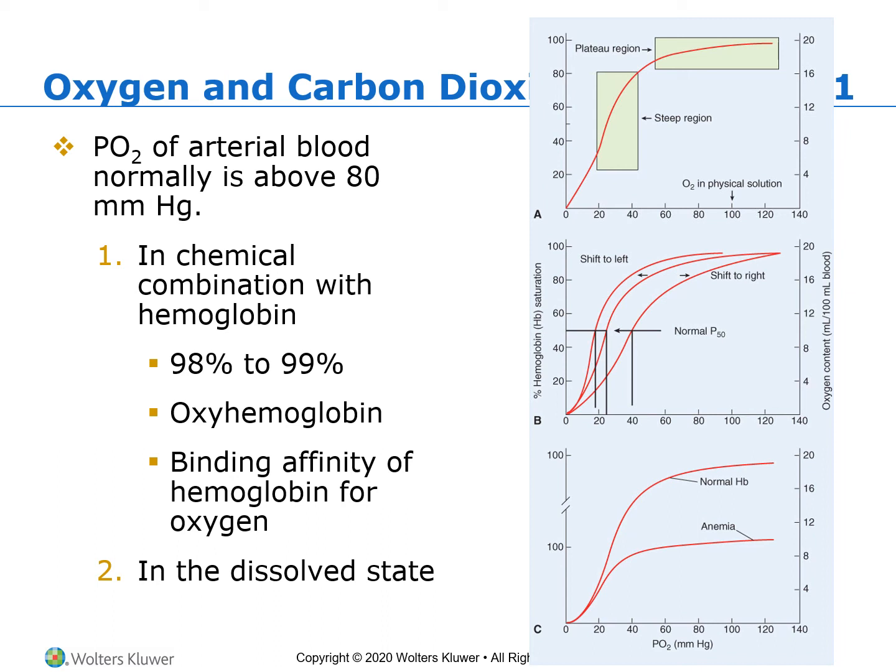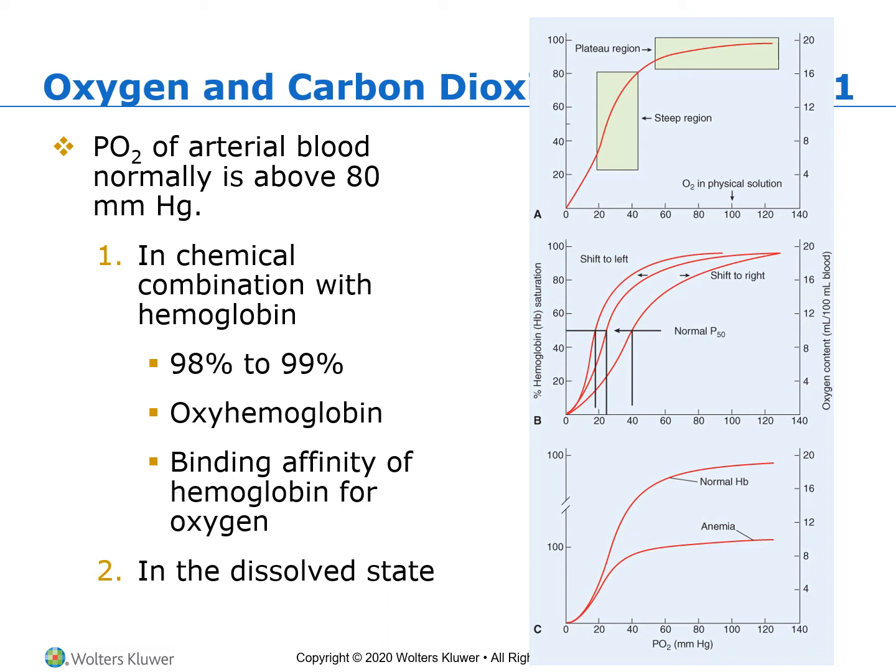You have beautiful boxes, tables, and figures that depict the ideas in a more user-friendly way. So here you're seeing the partial pressure of the oxygen in the lungs. When you look at the B, it represents that there's going to be a shift to the left and a shift to the right.